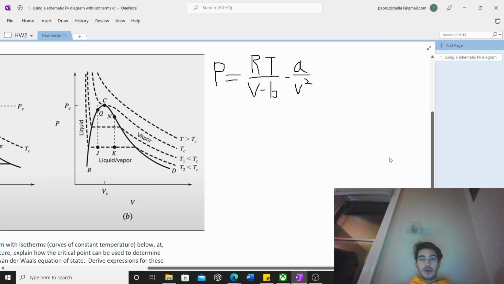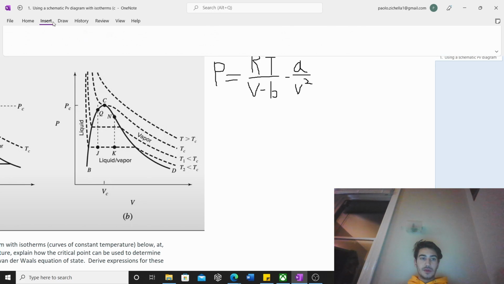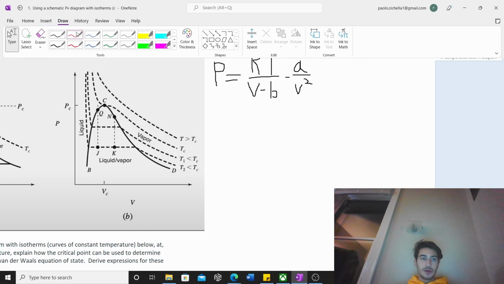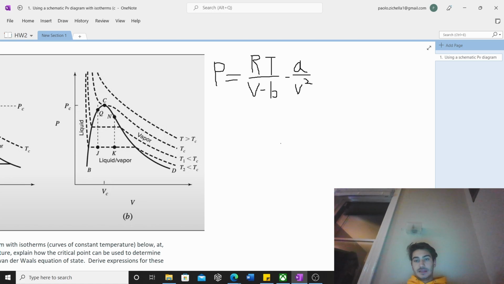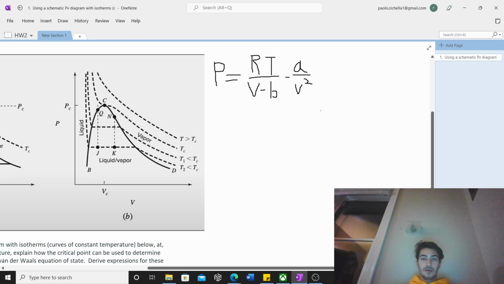Here I have already put in the van der Waals equation of state. The pressure is equal to the constant R times the temperature, all over volume minus B, which is also a constant, minus A, which is also a constant, divided by the volume squared.